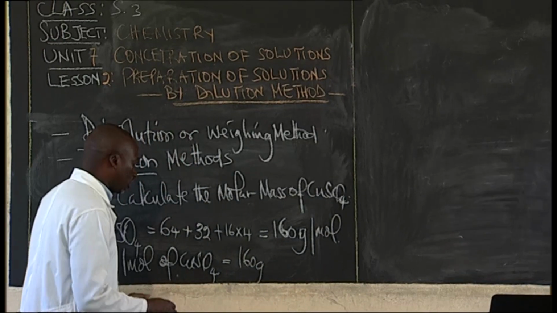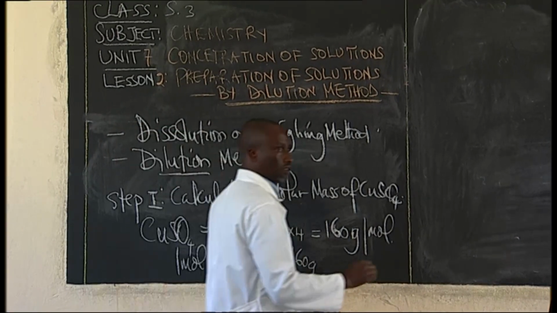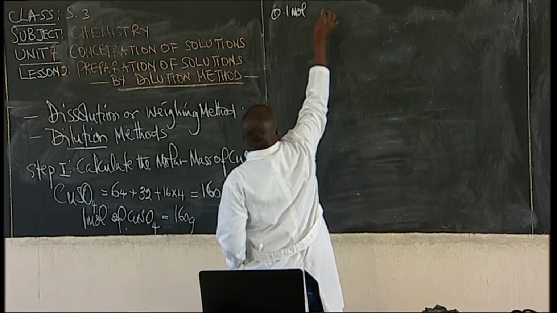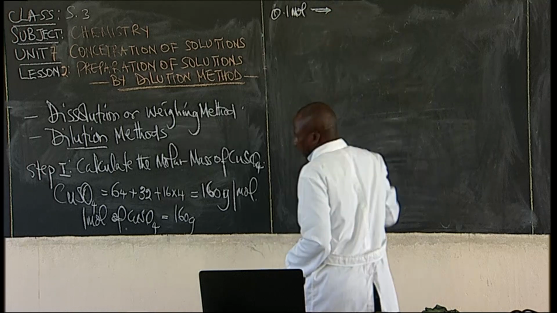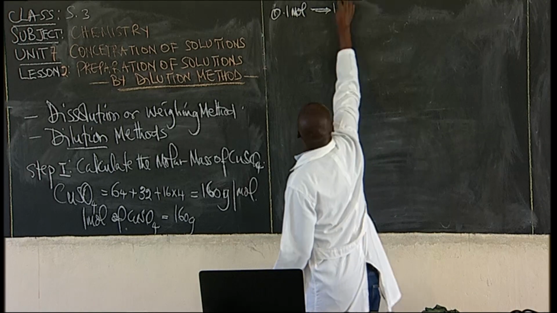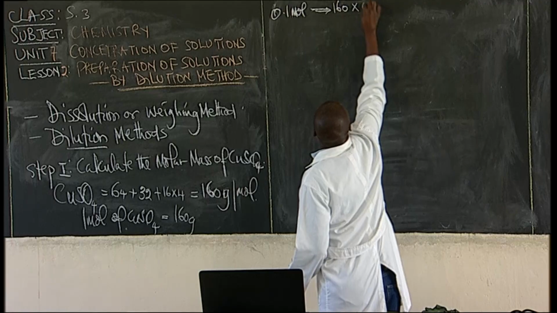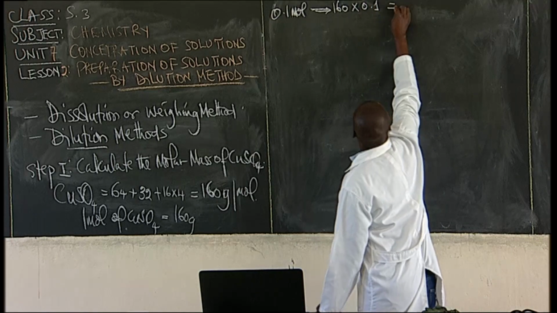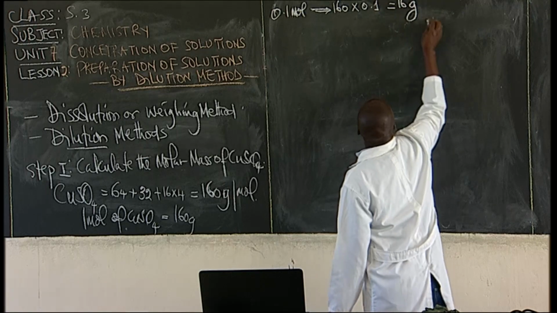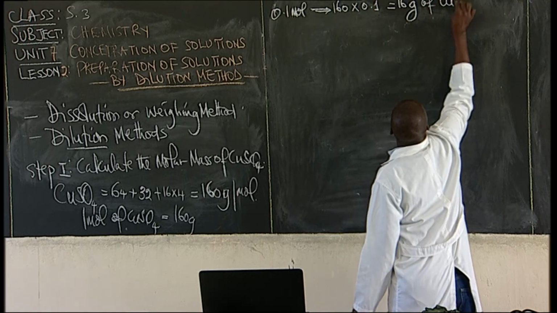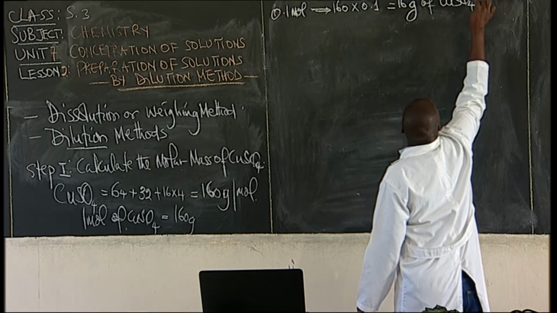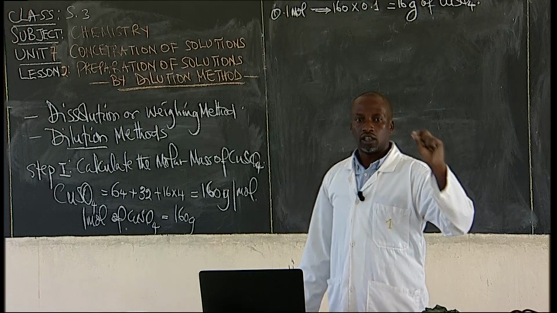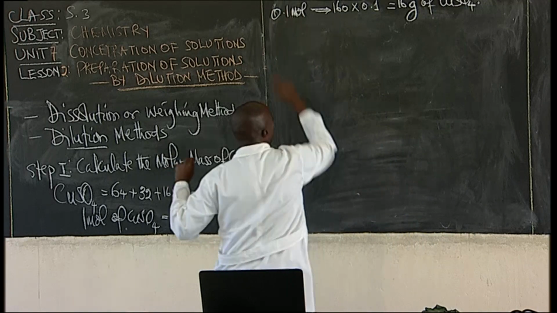So 0.1 mole is equivalent to what? 0.1 mole will be equivalent to 160 times 0.1 mole. And that means this will be equivalent to 16 grams of copper 2 sulfate. So this is the mass that is in 0.1 mole.